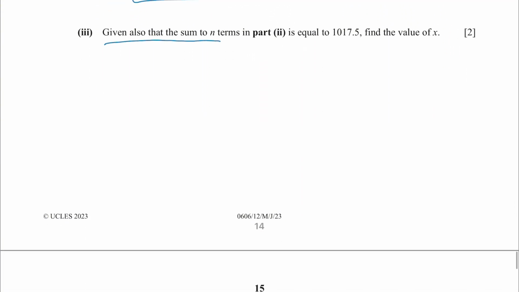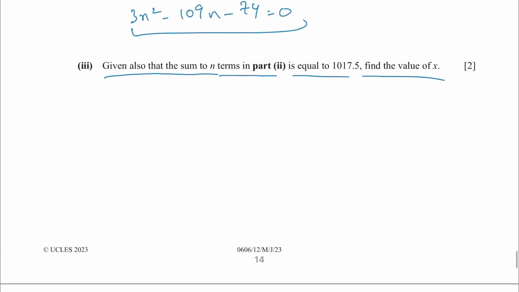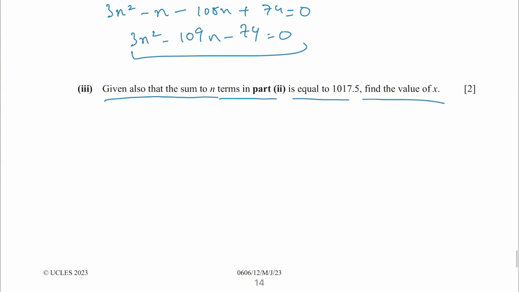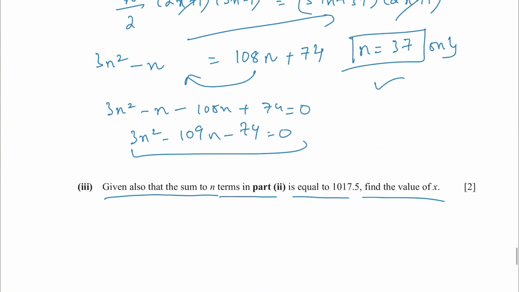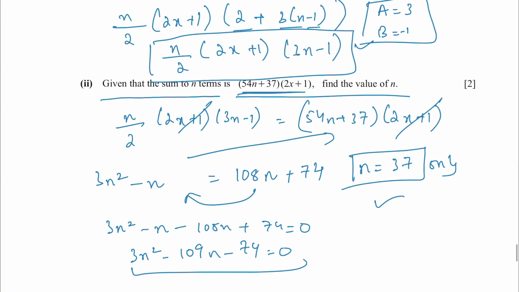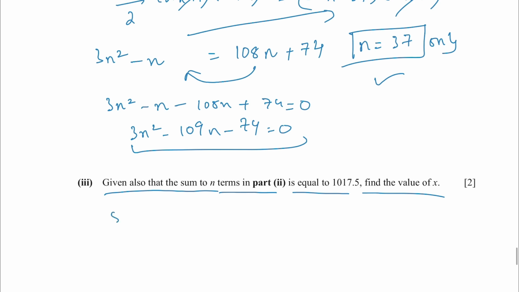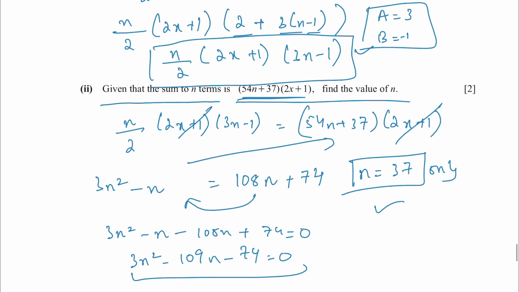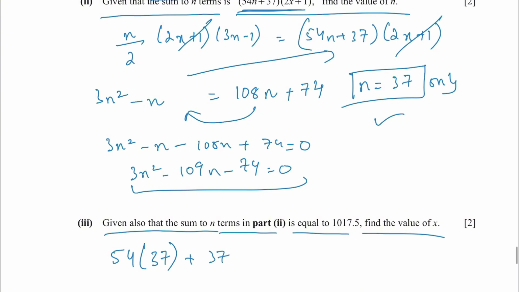Given also that the sum to n terms in part 2 is equal to 1017.5, find the value of x. Now the sum to n terms is given as 1017.5. In part 2, this was the equation. So we have our 54n, our n was given as 37, plus 37 multiplied by 2x plus 1, which is basically 1017.5.